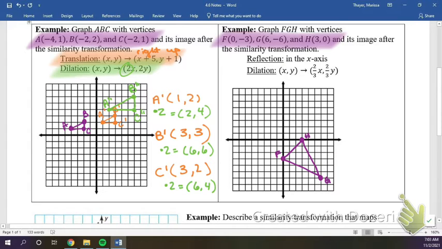The first one I'm going to do in orange. It's a reflection over the x-axis. Keep in mind that the x-axis is the horizontal axis, so I'm reflecting over that line.